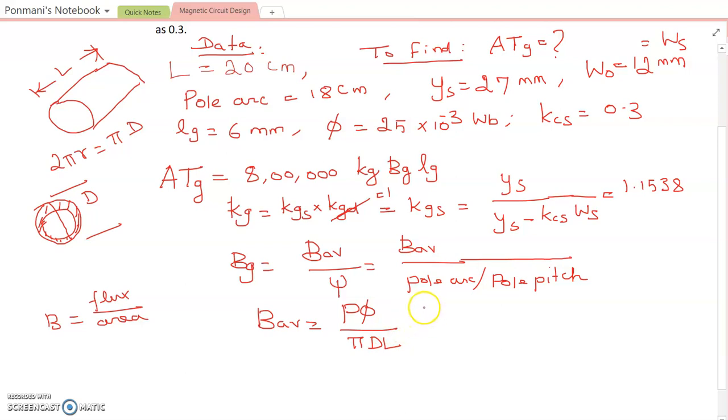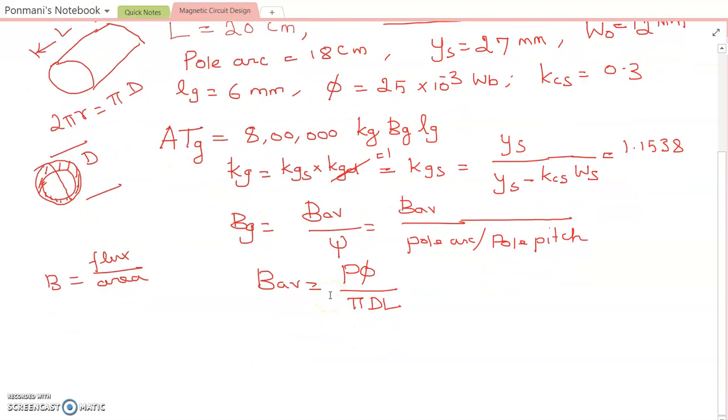Then we are calculating Bg. We substitute in the formula to calculate this Bg. So Bg is equal to B average divided by pole arc by pole pitch.